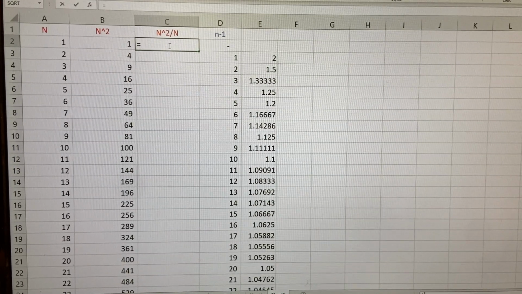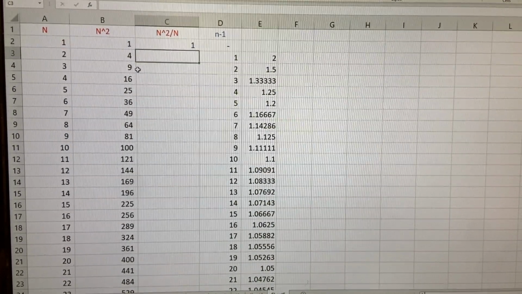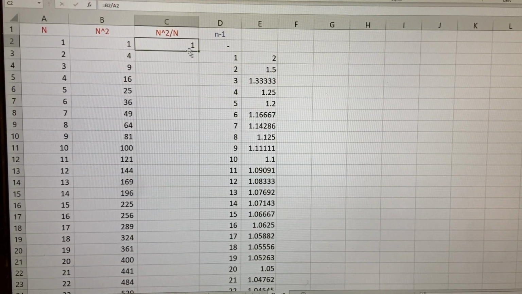So the formula is going to look like n squared in that cell divided by this number there, and in the case of 1 it's still 1, and of course this makes sense that we're back to the n that we started with, because with this division, n squared divided by n, we're just getting back the same number that we started with.